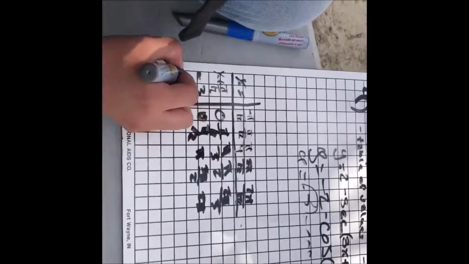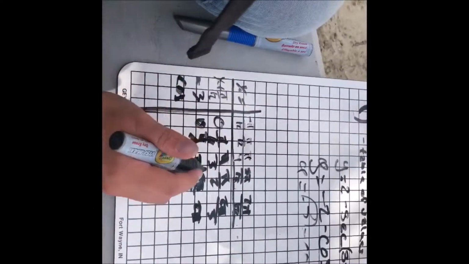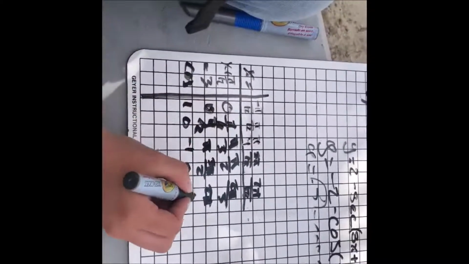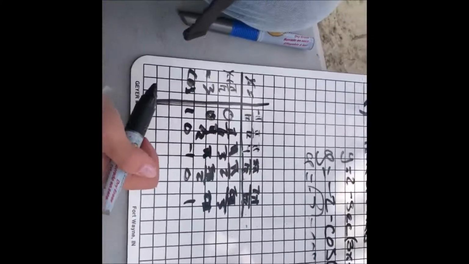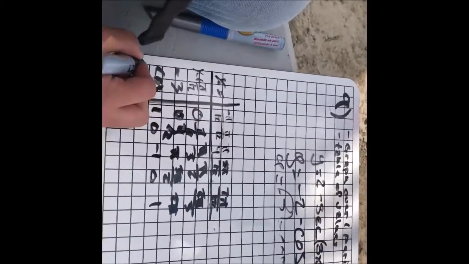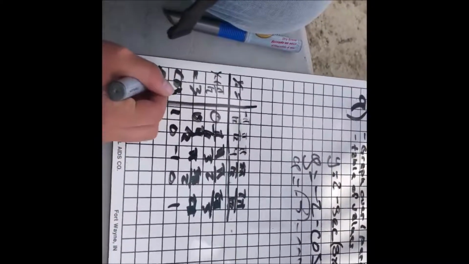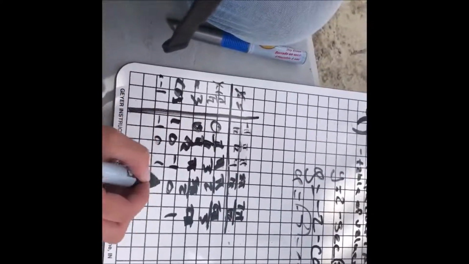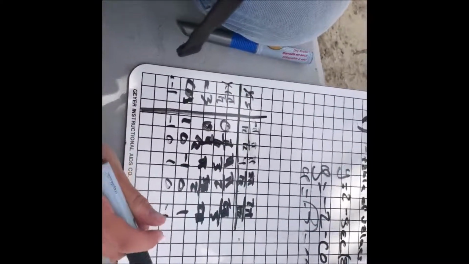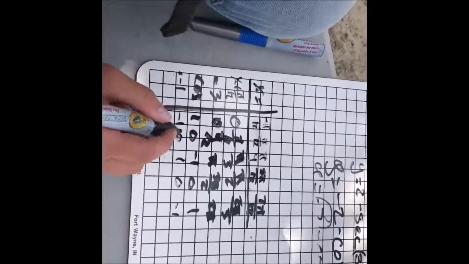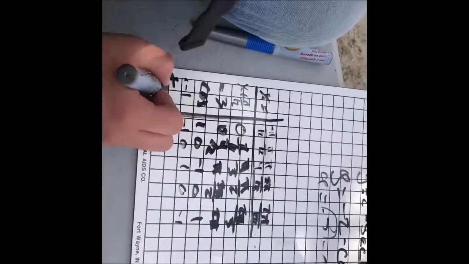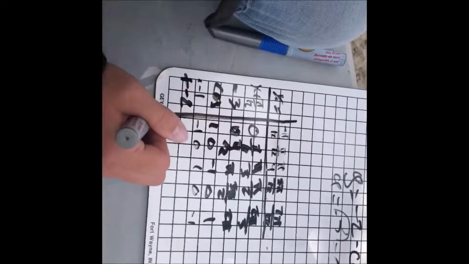And then cosine, which is 1, 0, negative 1, 0, 1. And then you multiply by negative 1, right? So you get negative 1, 0, 1, 0, negative 1. And then we add negative 2.